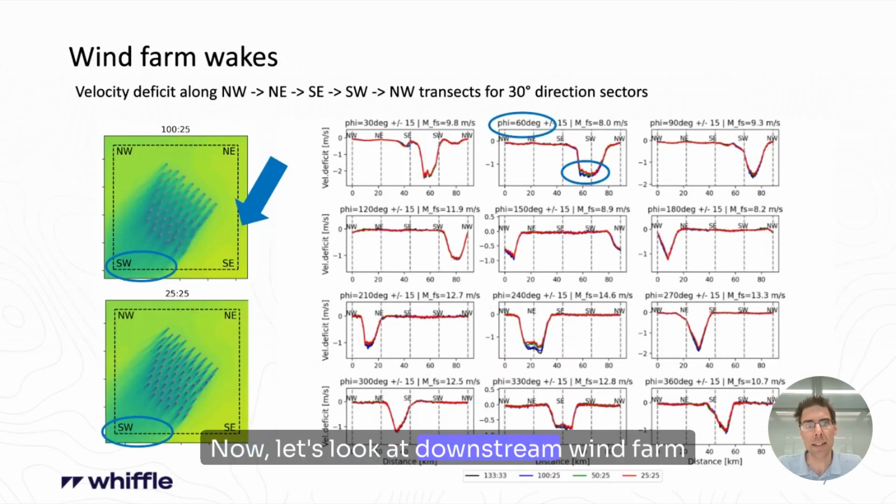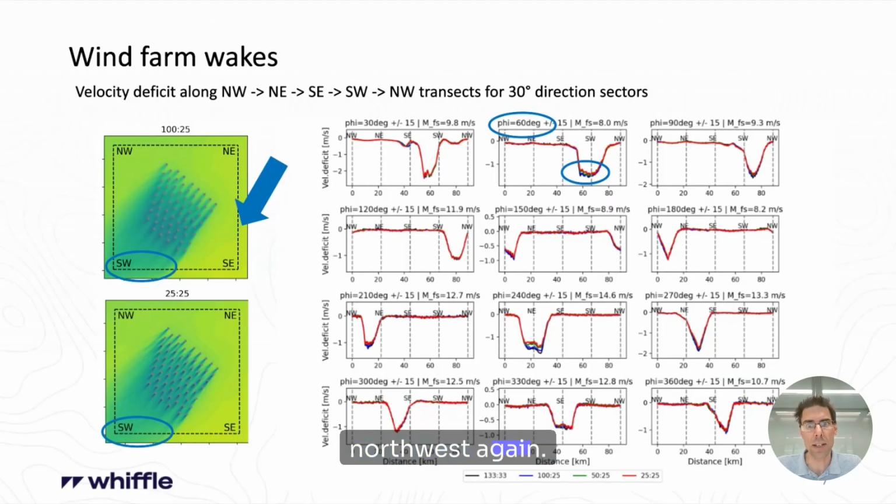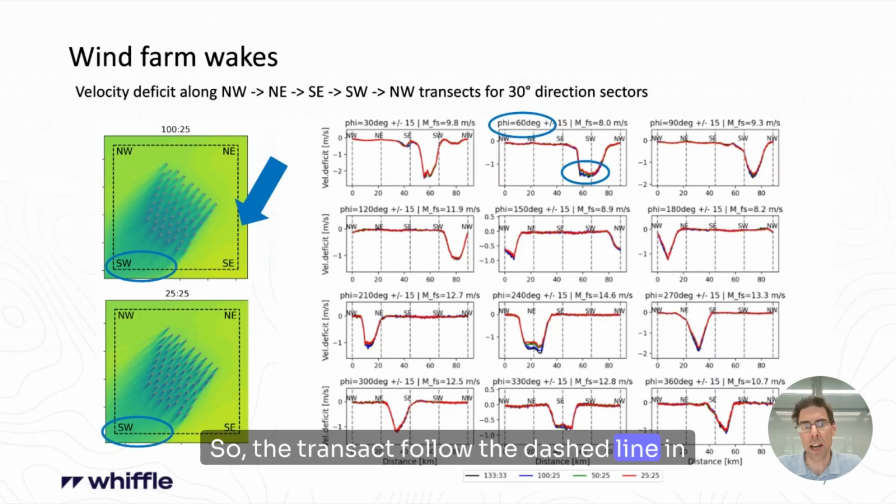Now let's look at downstream wind farm wakes. The panels on the right-hand side show the velocity deficit, so basically the wind farm wake, along transects over the domain. The transects start at the northwesterly corner of the domain, then we move to the northeasterly corner, to the southeasterly corner, southwesterly, and back to the northwest again. So the transects follow the dashed line in the maps on the left-hand side in a clockwise way. For example, the maps on the left-hand side are for the 60-degree wind direction sector.